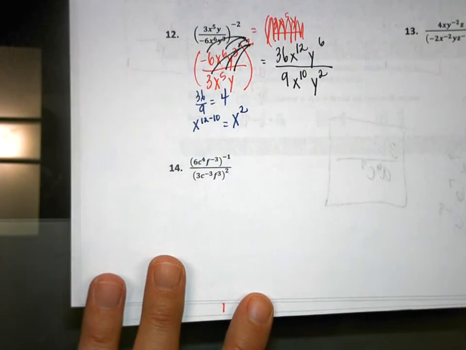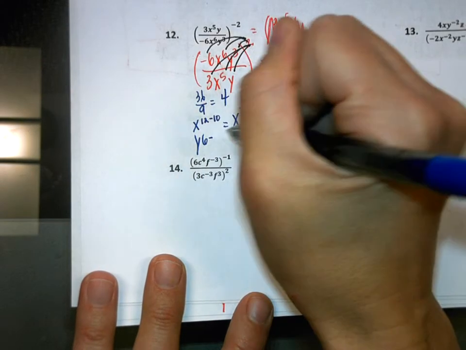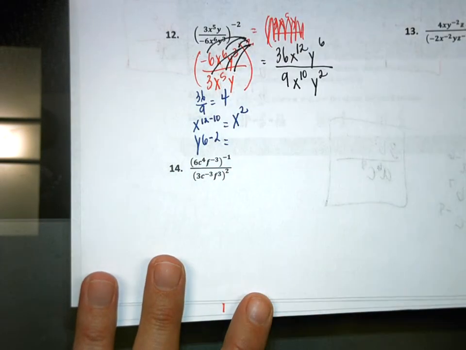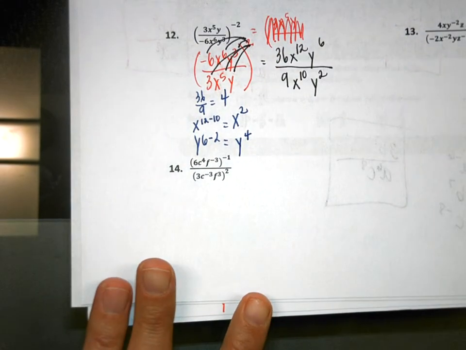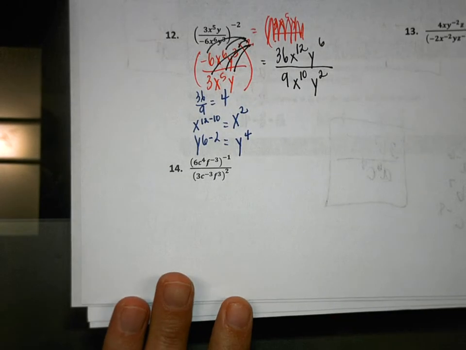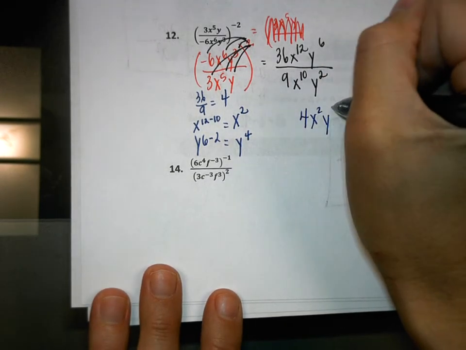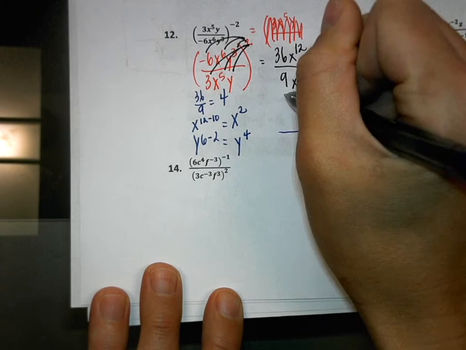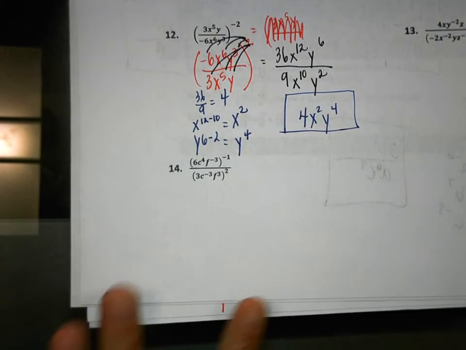Okay, with the y's, we have y to the 6 minus 2, which makes what? 4. Y to the 4th. Now, do any of those have negative exponents? No. So my answer will just be 4x squared y to the 4th, and nothing will be in the denominator because none of the exponents were negative.